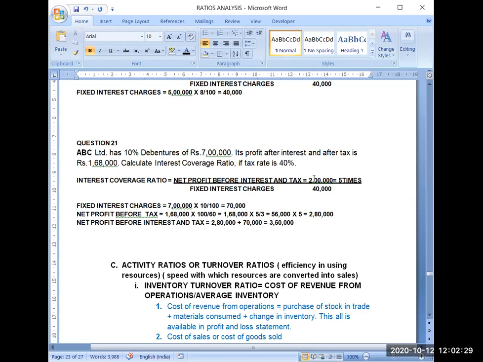So now I can calculate the interest coverage ratio: 3,50,000 net profit before interest and tax divided by total fixed interest charges, that is 70,000. So again my interest coverage ratio is coming to 5 times.